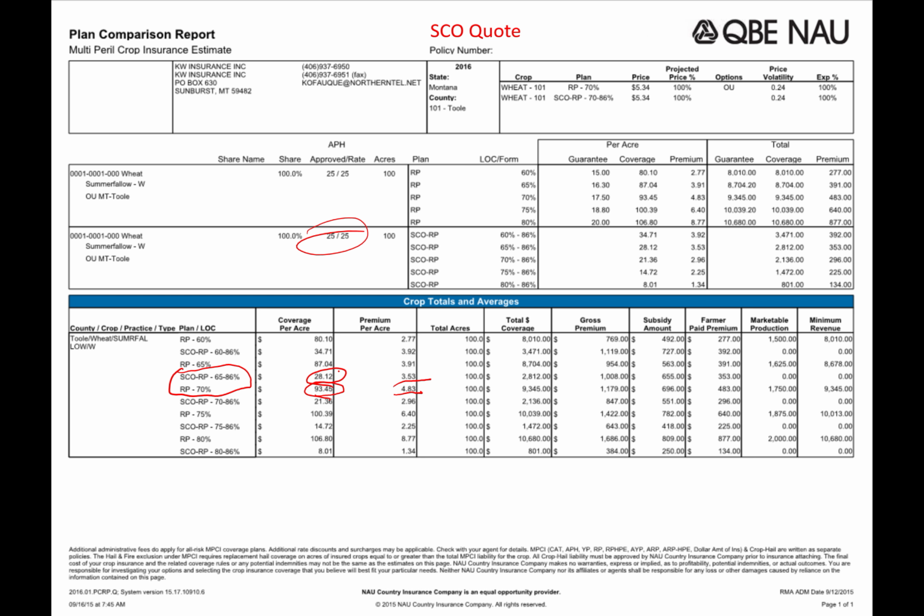So this $28.12 is based off of the $5.34 winter wheat base price. If for some reason next fall the futures market on wheat went up to $10, you don't pay any more premium, but you'd end up with a $56 an acre, a double payment basically, on SEO because of an increase in the futures with a drought scenario in the county. So that's another big difference between SEO and ARC.